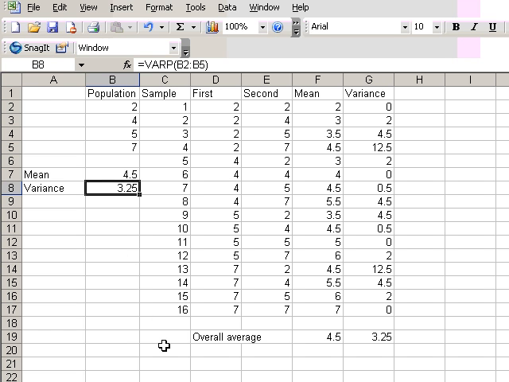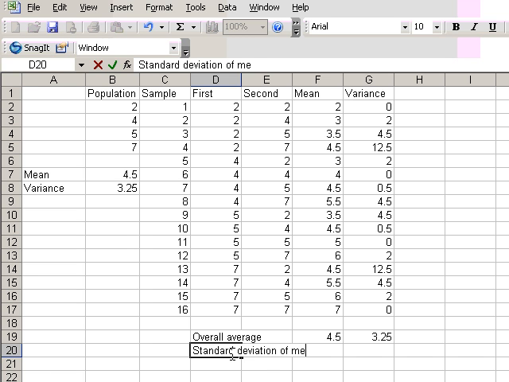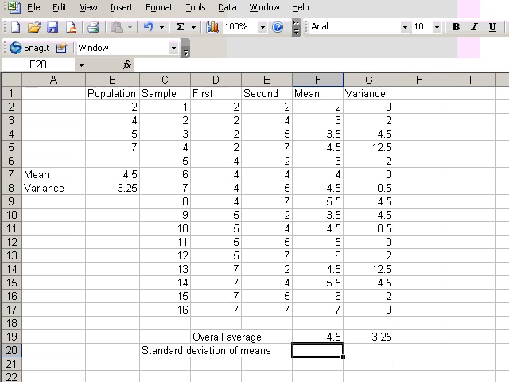Now we'll take one step further and show that the standard deviation of the means will be exactly the same as the standard deviation of the population values divided by the square root of the sample size, which in this case is 2.